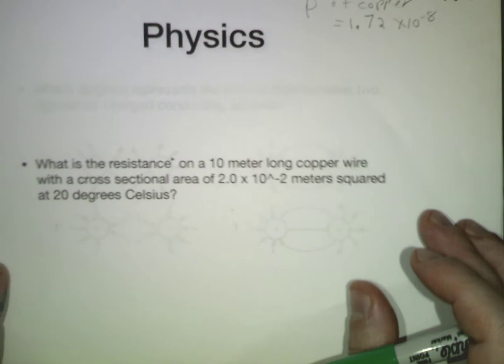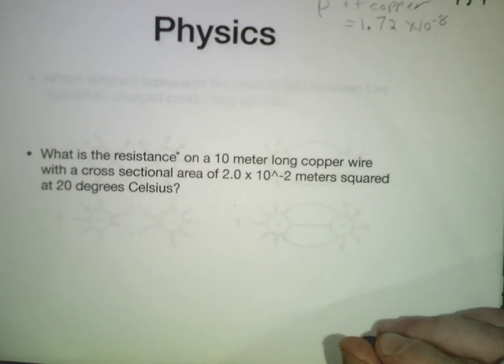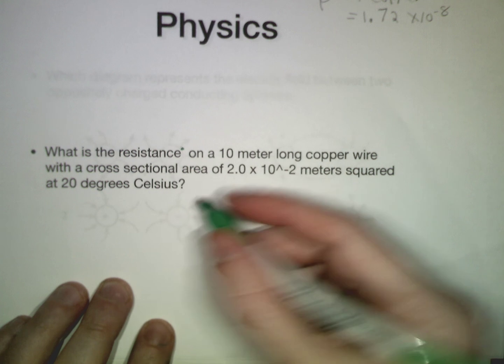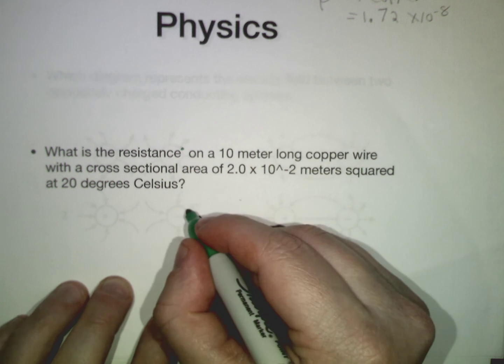Here's one. We're definitely going to use the reference table for this. I gave you a reference table on this and on the quiz. This formula for resistance is pretty simple.